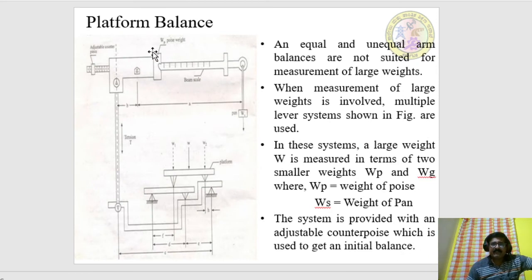Now we'll see how exactly a platform balance is utilized to measure force. An equal arm balance and an unequal arm balance are not suitable for measurement of large weights. To overcome this difficulty, a platform balance is recommended, and when large weights are involved, a multiple lever system, shown in the figure, is used.